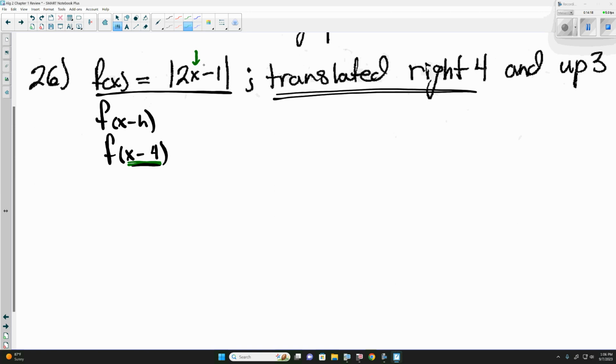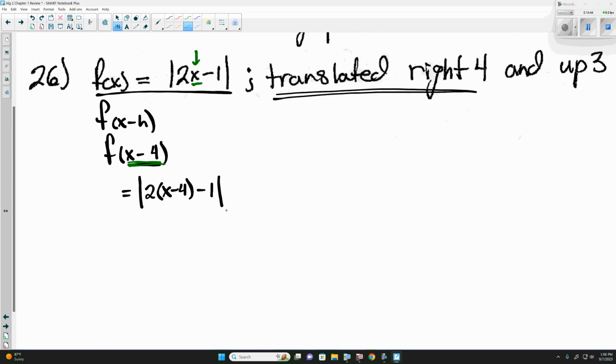Everything else stays the same. We're just replacing that x, this x right here, with this whole statement, which means we still have the absolute value bar. We still have our first 2. But then we have parentheses x minus 4 minus 1. Because the only thing we switched out was the x for the x minus 4.